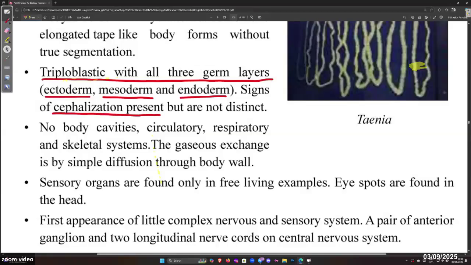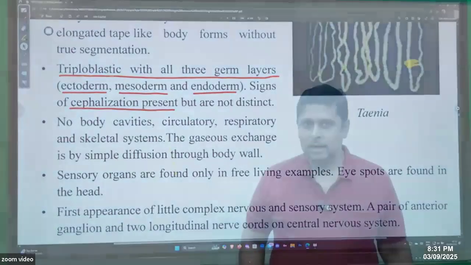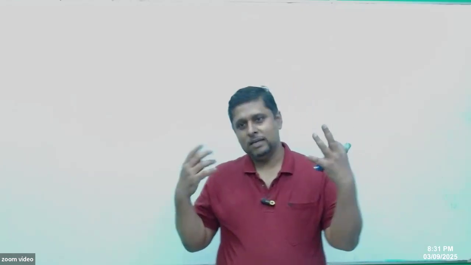What do you call cephalization? Formation of the head. They have some primitive head-like region. So if I ask you, what is a head? It is an anterior body region with concentrated nerves, where a lot of ganglia and sensory structures are present.